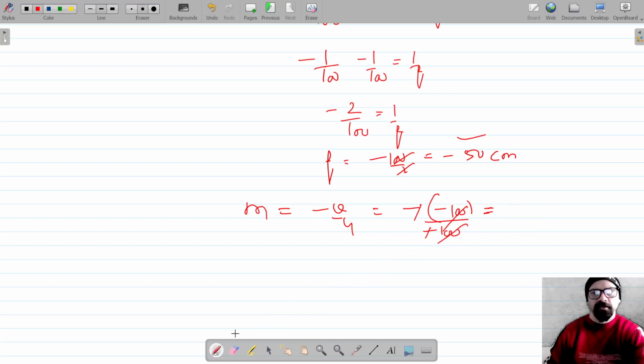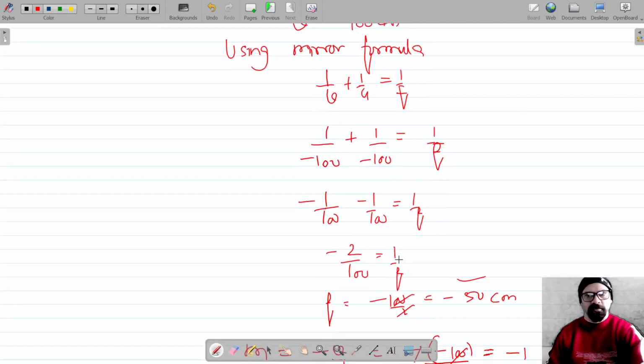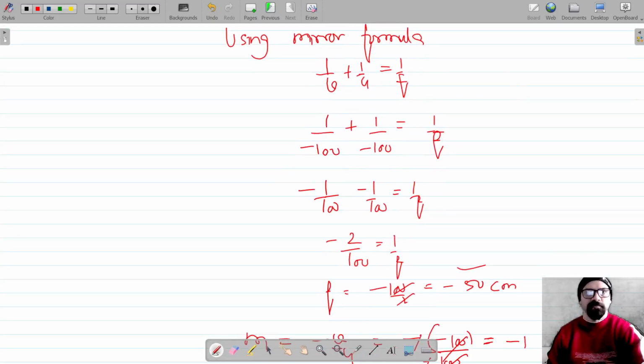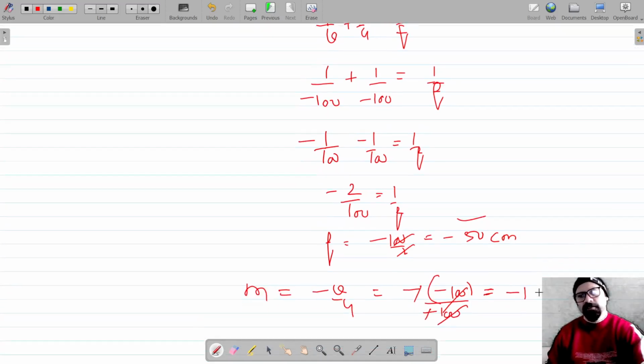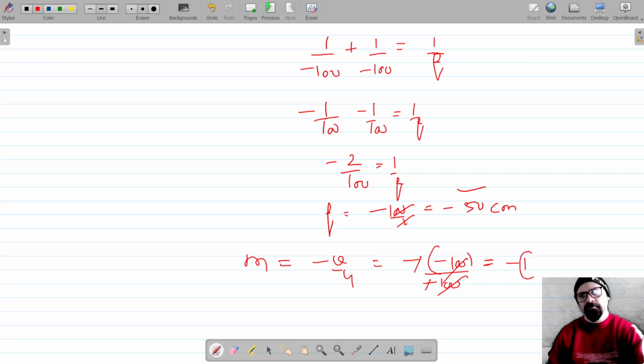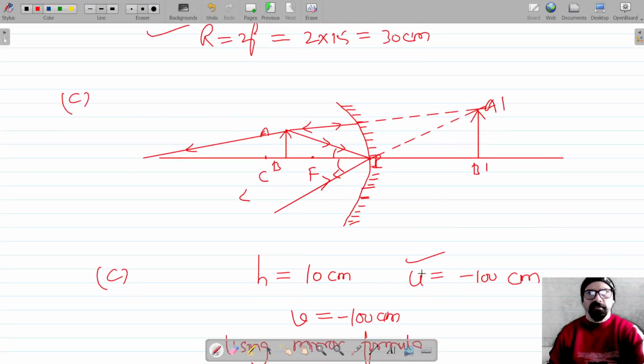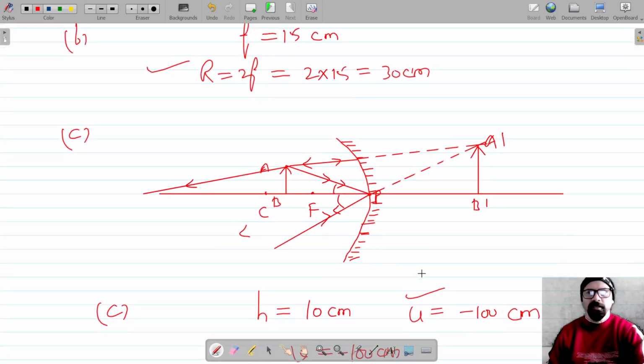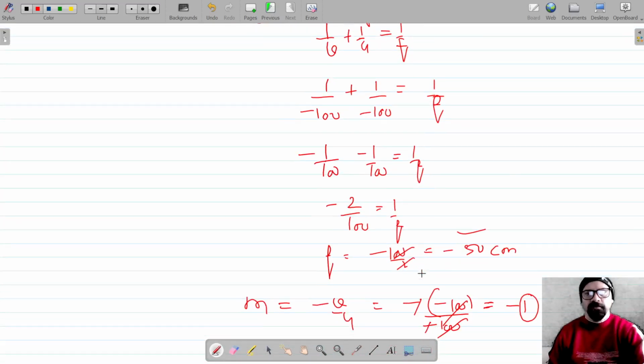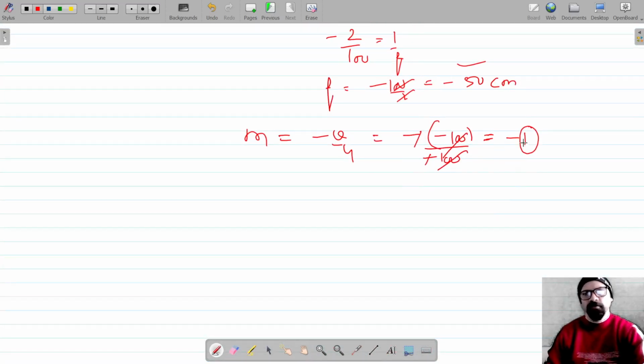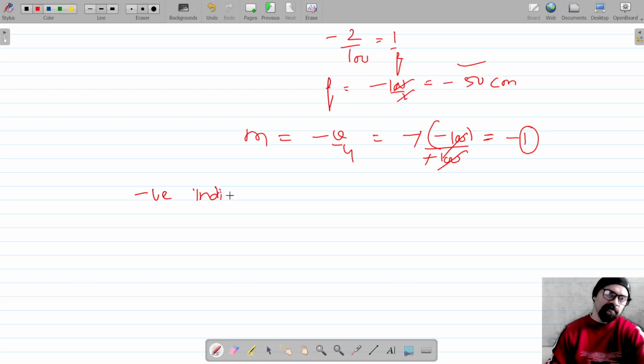Sorry for that. So magnification is negative 1. Here 1 means that the image size is equal to object size, and negative means that the image is inverted.